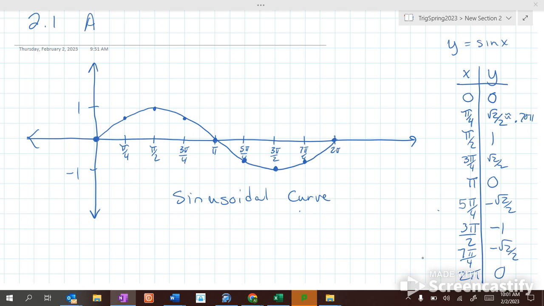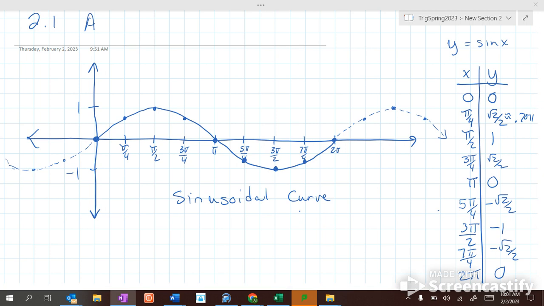So 9 pi over 4 would be right there. 10 pi over 4 would be right there. So this would keep going in this direction, because you can keep going around the circle forever. It would never end.